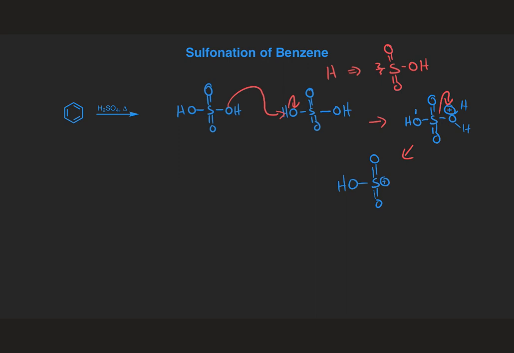This strong electrophile reacts with benzene just like all the rest to generate a carbocation intermediate that looks like this.